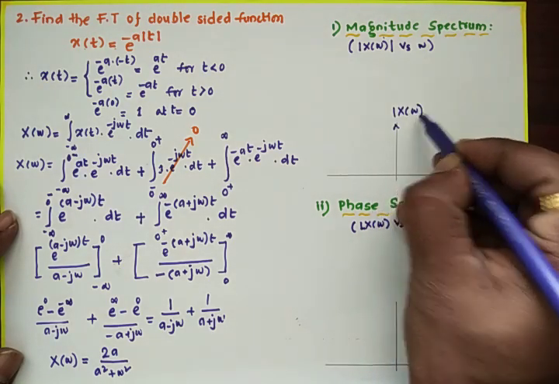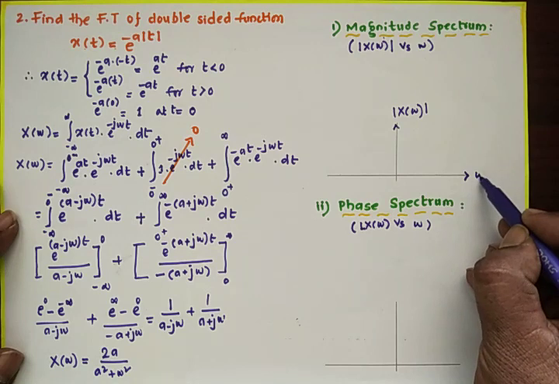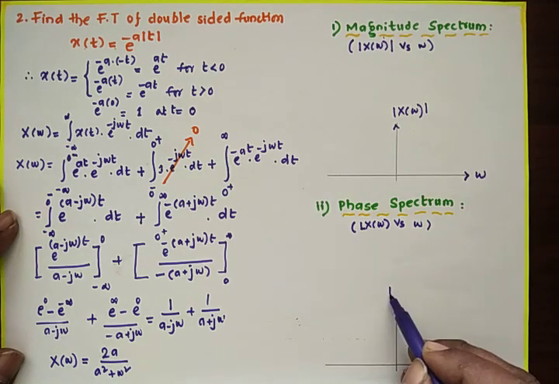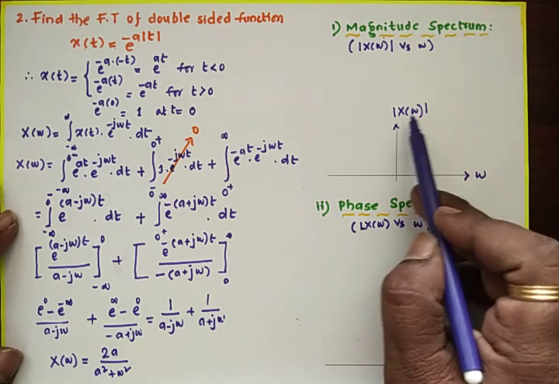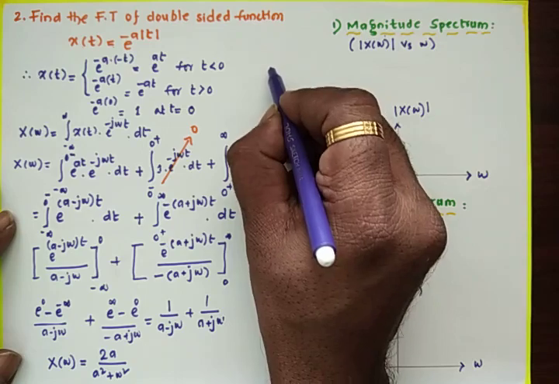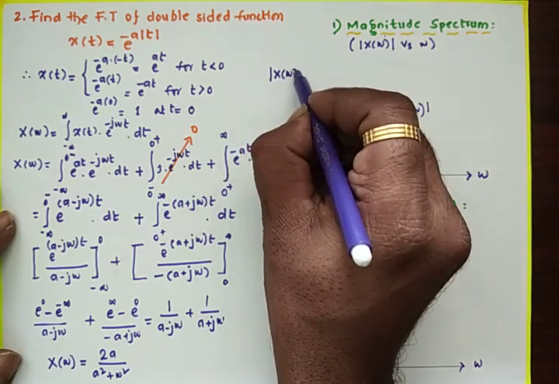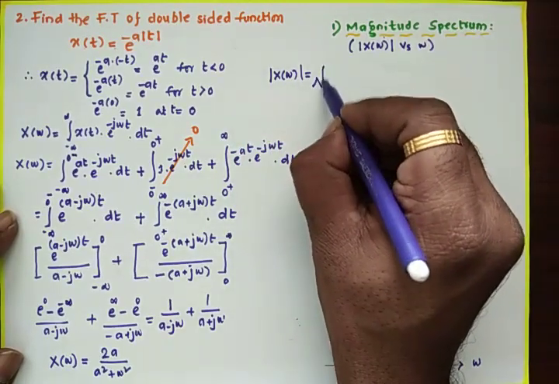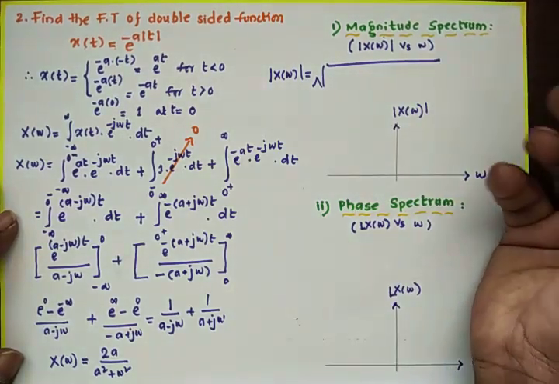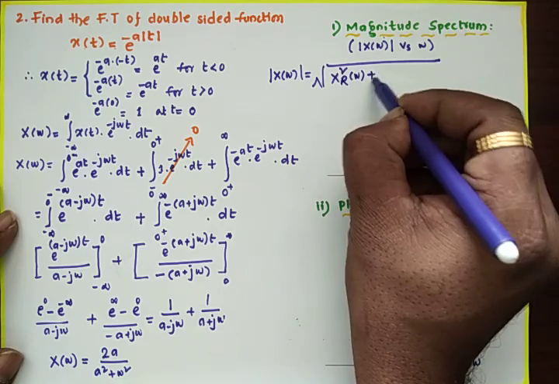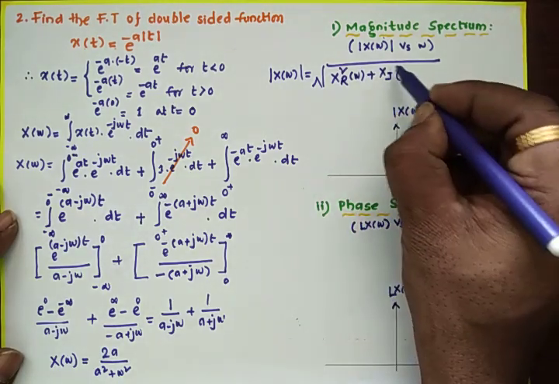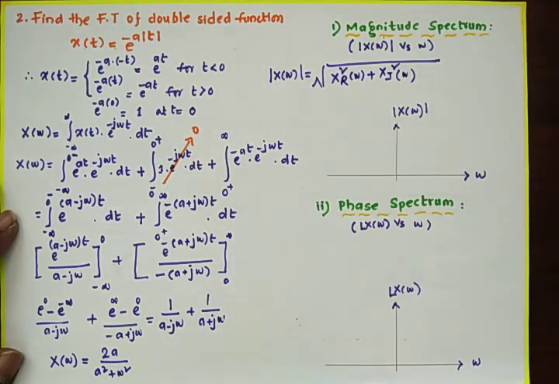Then first we have to calculate the magnitude of X of omega. We know the formula: magnitude of X of omega is equal to the square root of X r square of omega plus X i square of omega. Then we have to go to the real part and the imaginary part.